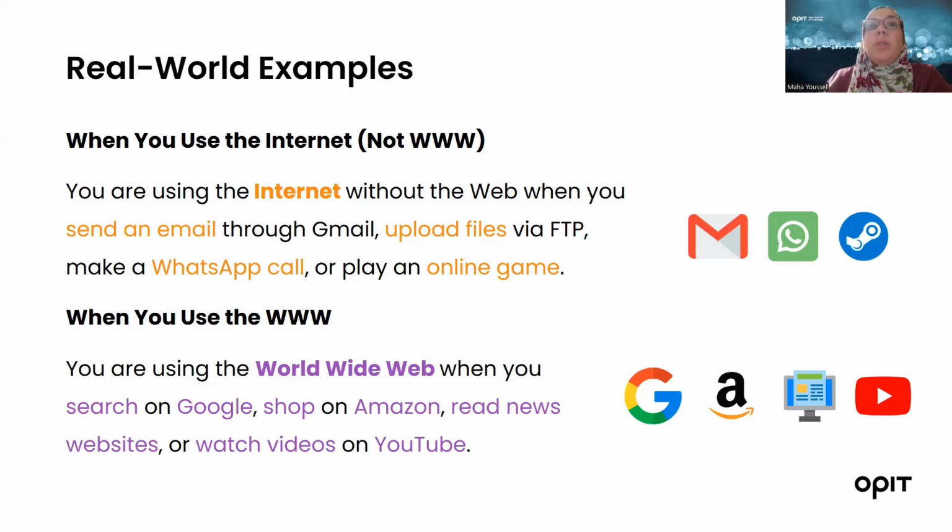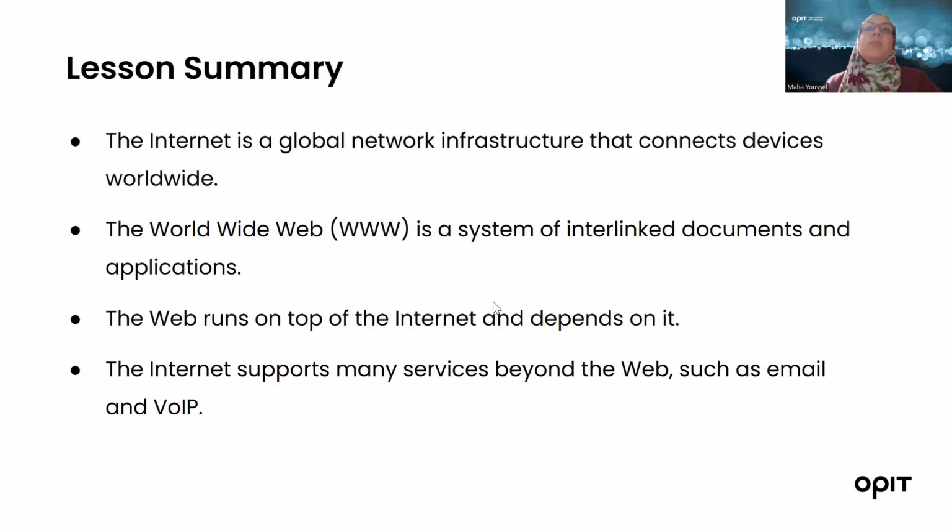When you are using a web browser, you are using the WWW service. Today we discussed the crucial difference between the internet and the WWW: the WWW is one of the surfaces of the internet, including all the documentation and information you can go there and search, and it includes websites, while the internet includes the infrastructure like cables and so on.